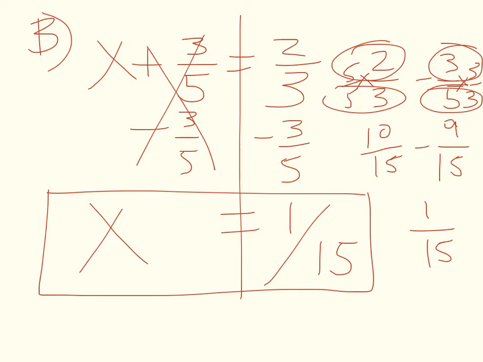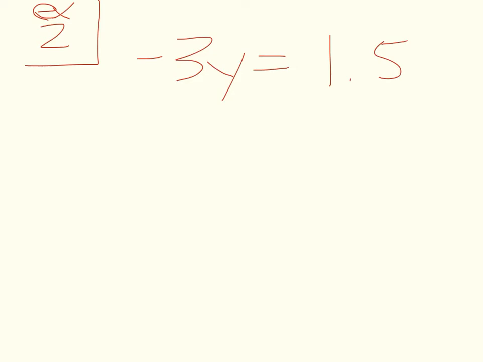Let's try example number 2. Example number 2 says to solve negative 3y equals 1.5. Alright, well, draw your line. How would you solve this? To get y by itself, it's multiplying, so we need to divide.